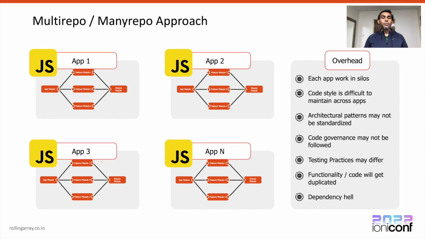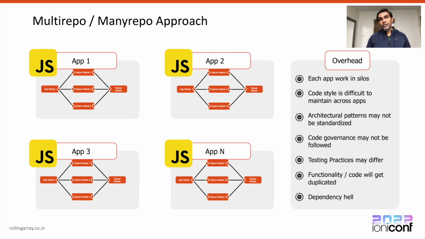That's one of the problems. Your code style will go for a toss because you may or may not maintain it. That goes out of your control. The architecture patterns which you thought were best for your applications may just change, because now different applications can follow different architectural patterns. Whether you test your application all the while or skip it also goes out of your control because the teams are different.